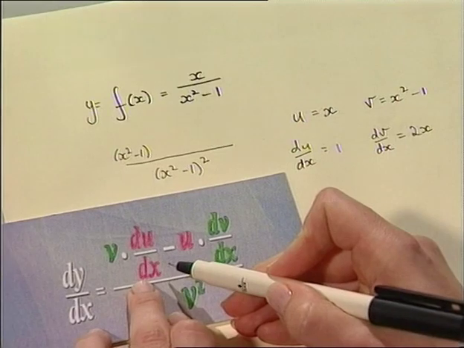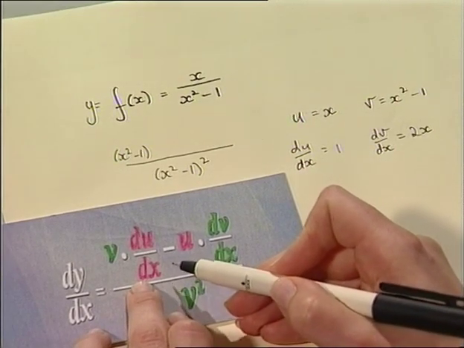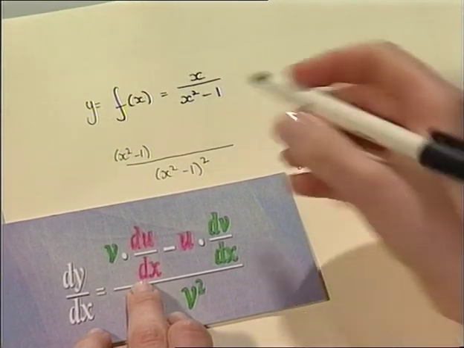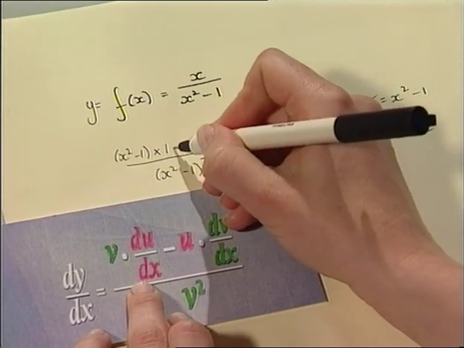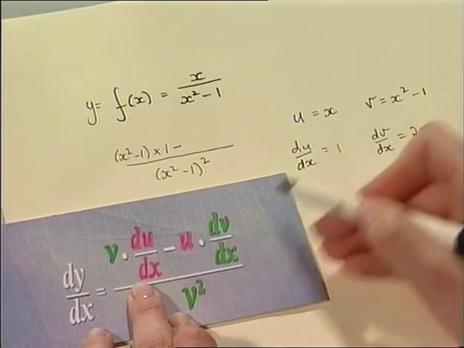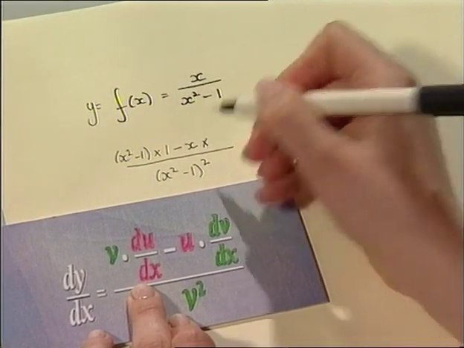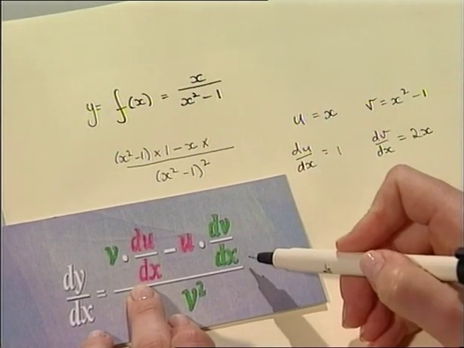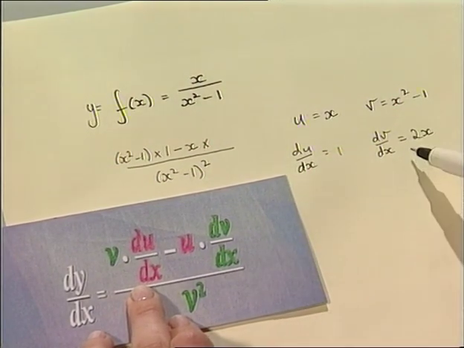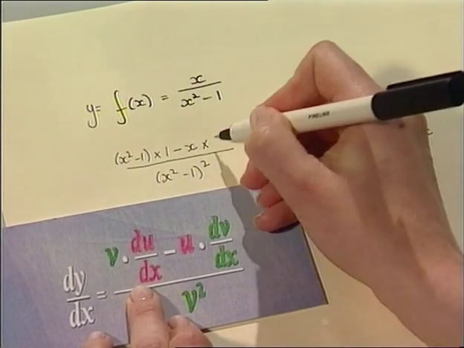And that needs to be multiplied by du by dx. Well, I found that, it's 1. Next, I need to take away u, that's x. And that needs to be multiplied by dv by dx. And I found that that was 2x.